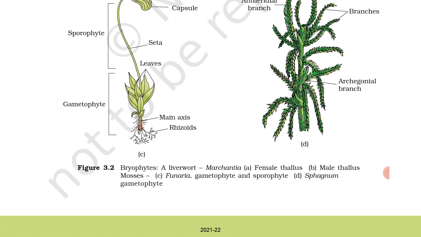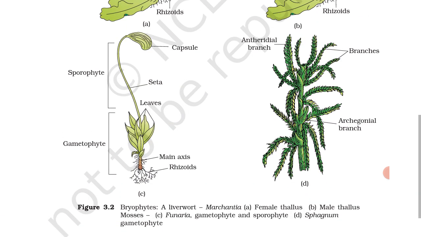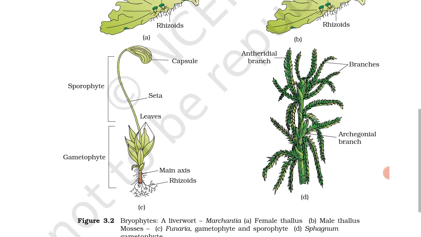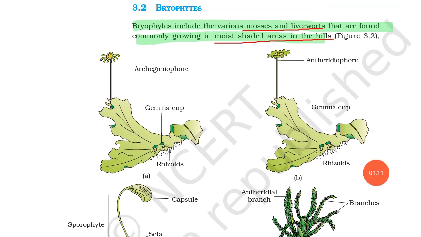Liverwort is shown. So they have given the example of Marchantia. Figure A is the female thallus, and B is the male thallus. See here in the female thallus there are rhizoids, gemma cups and archegoniophore. B is the male thallus, and it also has gemma cups and rhizoids.